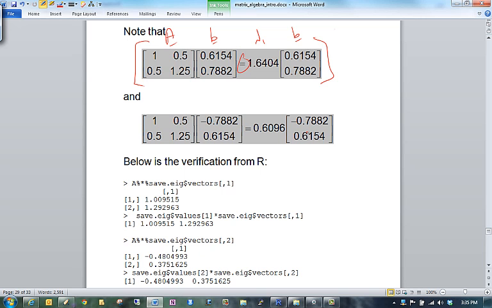For example, with the first eigenvalue, lambda 1, we can take A times B, and notice what I do here. I extract the first column from this component of my list, do that multiplication, and then here's lambda 1, the first component of my eigenvalues, and then here's also B right there, and notice that these two things match up.